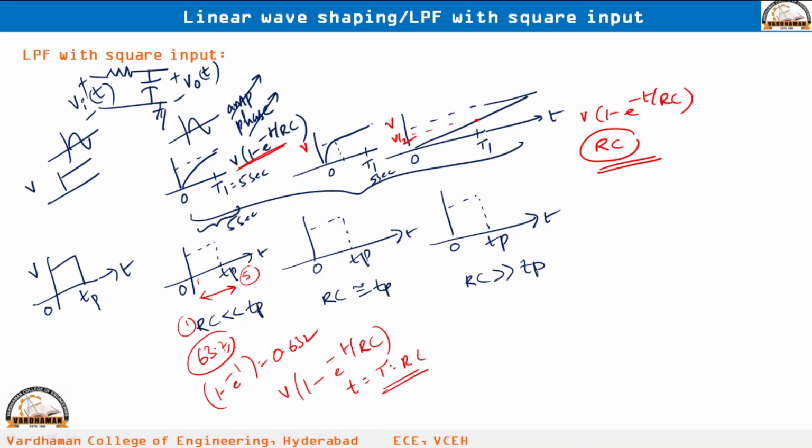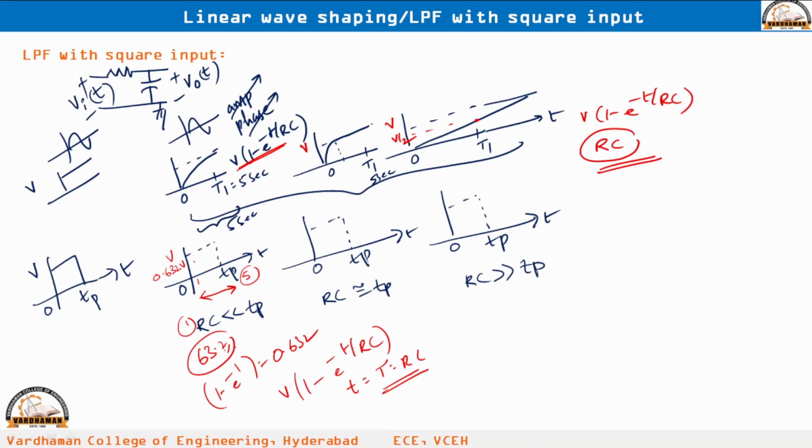Since RC is equal to 1 second, within 1 second the output can reach 63.2% of the final value. The final value is V, so 0.632 V will be here. To reach this value 0.632 V it takes 1 second only, because we have taken RC equal to 1 second. So by the completion of 1 second the output reaches 0.632 V.